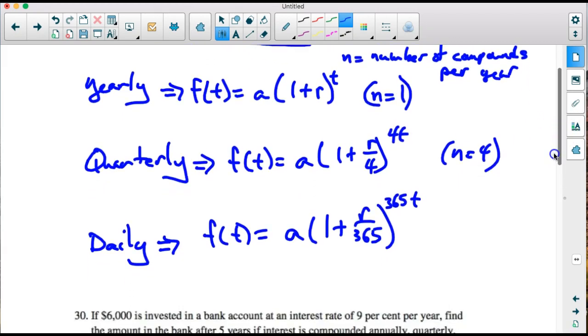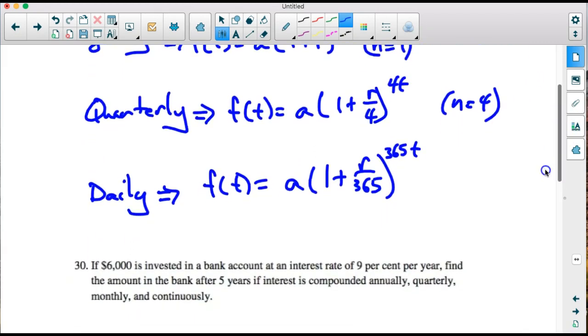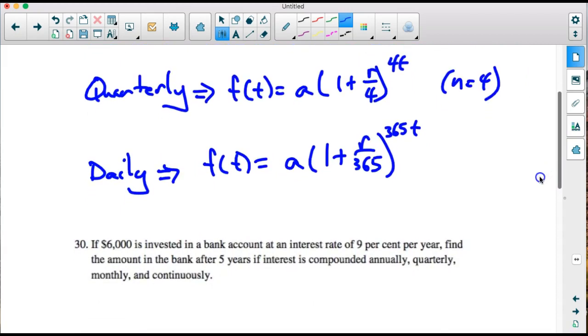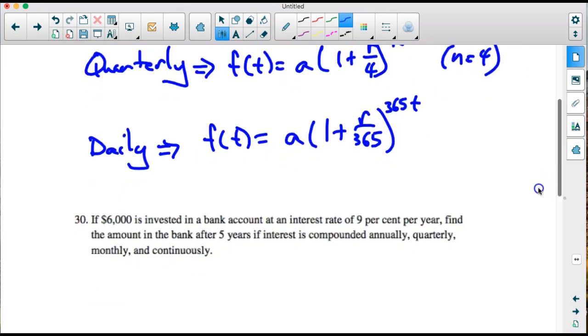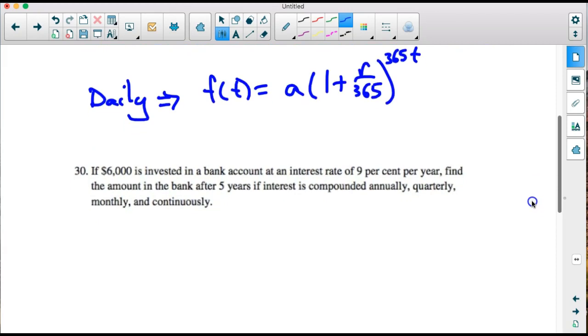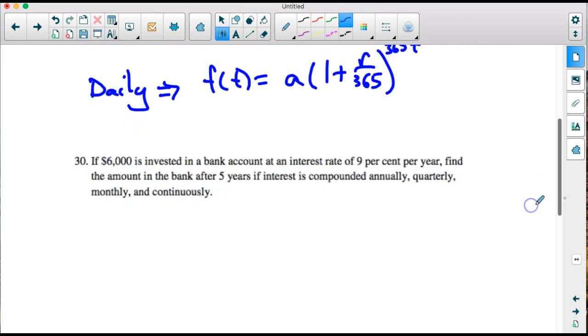Okay, so those are things that we're going to use. Now we're going to apply this to a problem. Actually, one problem that we're going to use all these formulas with. It says we have $6,000 invested at an interest rate of 9% per year. Find the amounts in the bank in 5 years after we compound in different ways: annually, quarterly, monthly, and continuously.